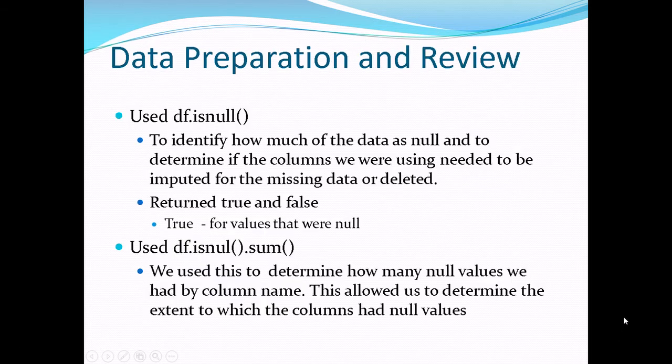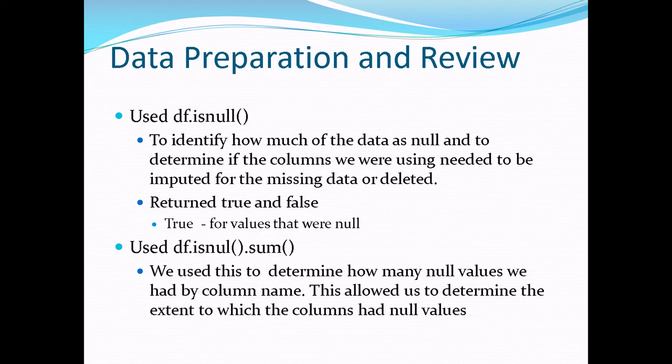After the initial review of our data, next we started to cleanse our data and at the same time understand our data better. So we utilized the Pandas data frame isnull to see how many nulls are in our data frame.